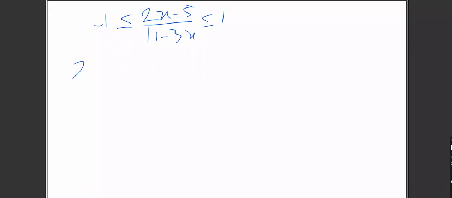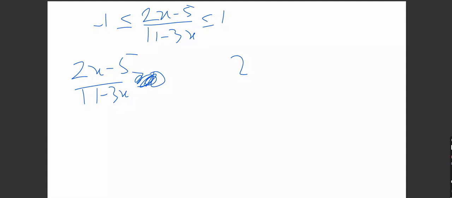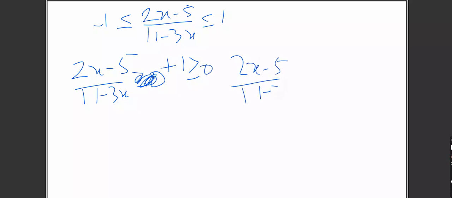So 2x minus 5 by 11 minus 3x plus 1 is greater than or equal to 0, and 2x minus 5 by 11 minus 3x minus 1 is less than or equal to 0.